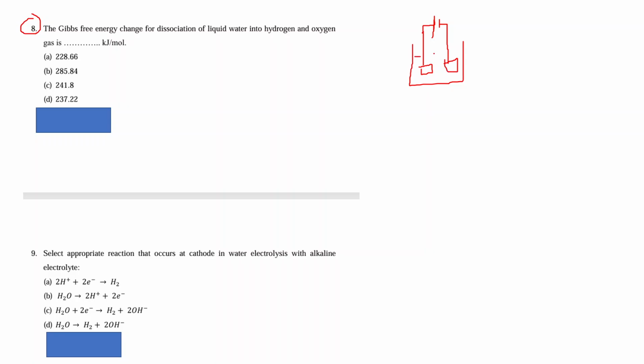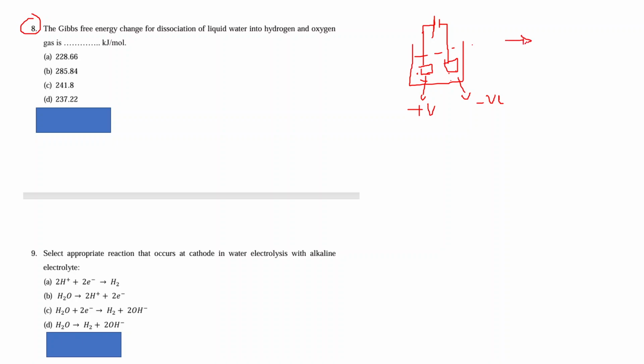Suppose this is water, this is positive and this is negative, minus V. For splitting water, what is required?